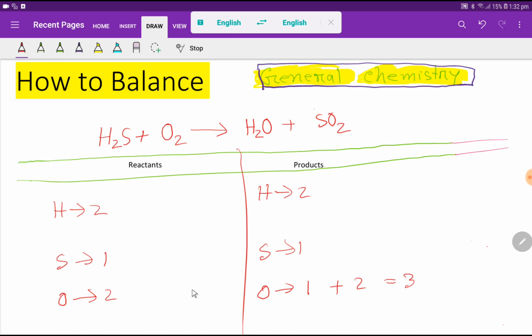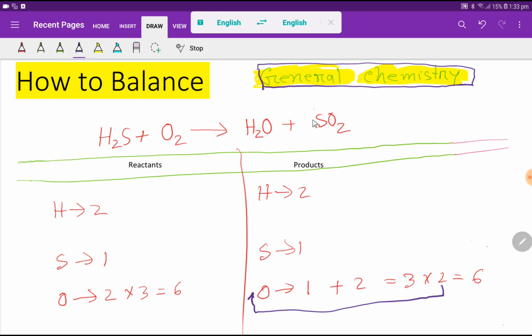So let me try. If I multiply here by 3, that gives me 6, and if I multiply here by 2, that gives me 6. Look, if you multiply by something, that something must come before the atom. So these two must come before this oxygen. These two may go here or here, because this oxygen may come here or here.